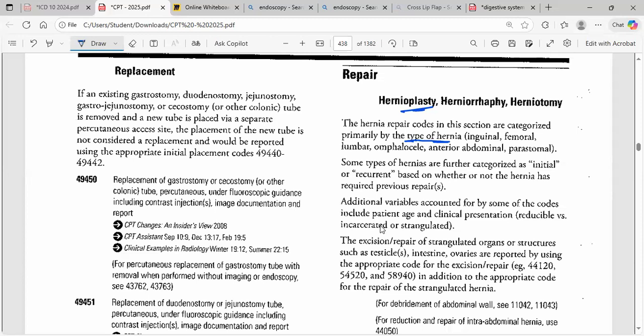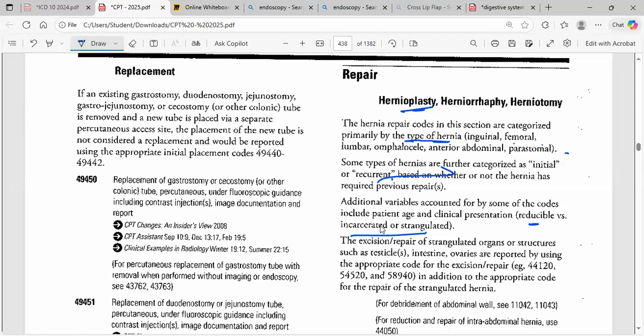Initial means the first time repair, recurrent means it has reoccurred at the same location. So whenever you are going to bill the herniorrhaphy, first you have to see the type of the hernia, where the hernia is, and then you have to see whether it's an initial repair or recurrent, and then reducible or strangulated as well as incarcerated.